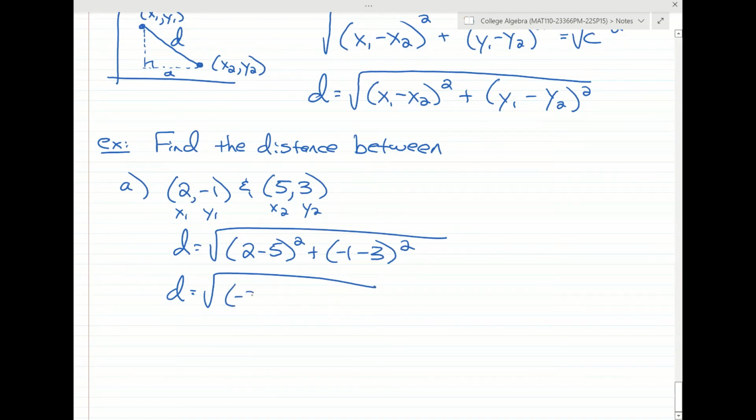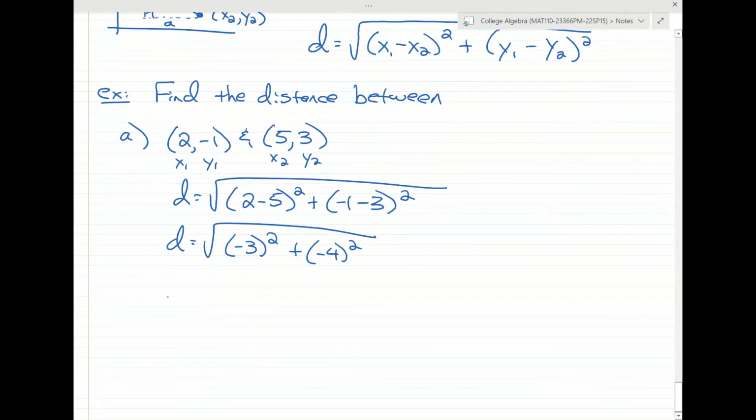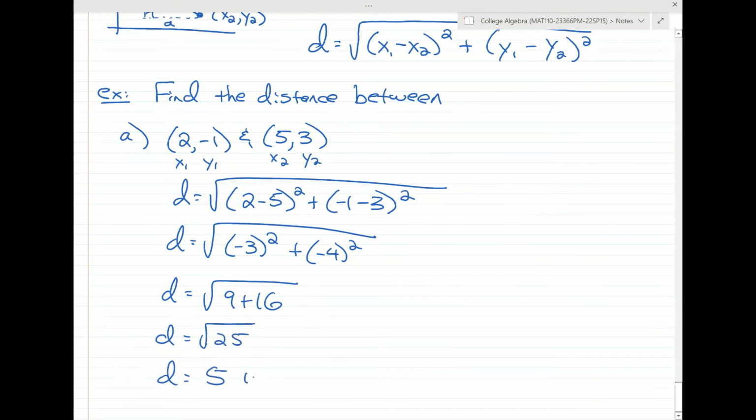Which is negative 3 squared plus negative 4 squared. 9 plus 16 is 25. The distance is 5 units.